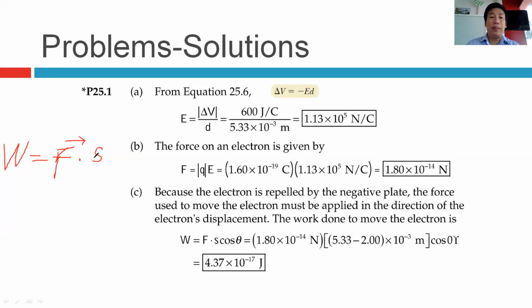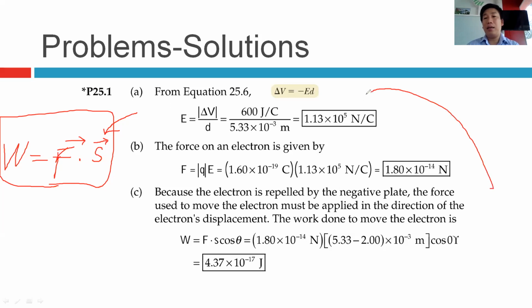So I assume it moves a distance of s. Okay, so this is the formula for work, but it applies for a straight line. It cannot apply for a bent line. In the case where you have a bent distance, how can we calculate it? You need to divide.